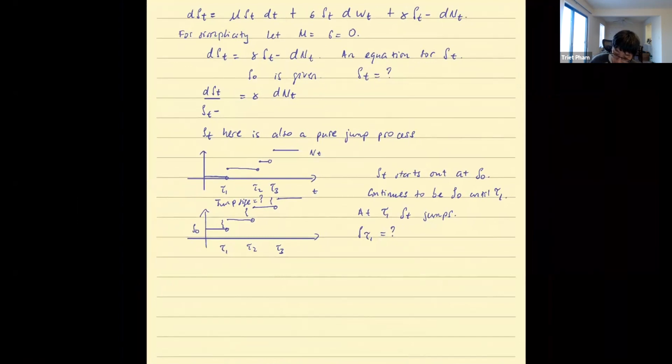Can anyone tell me what you think the new stock price is after the jump, based on this?